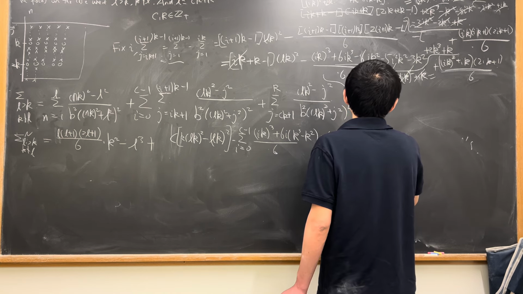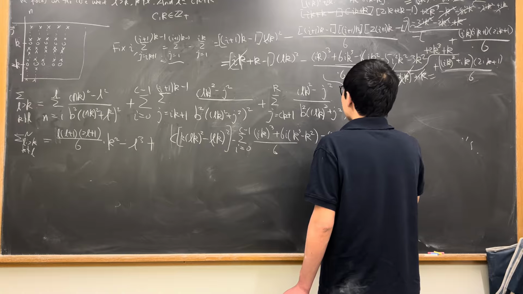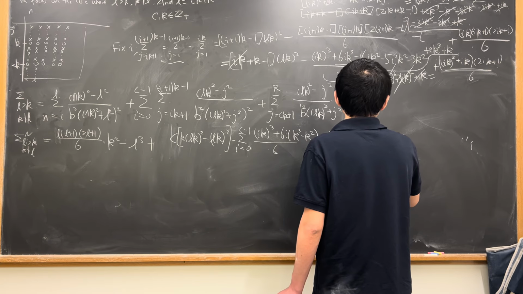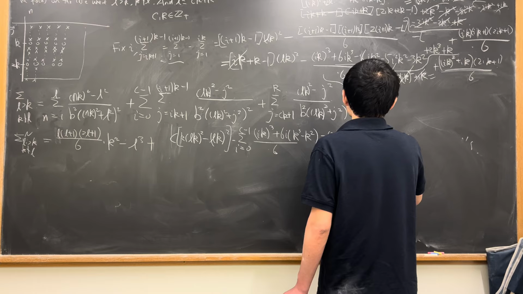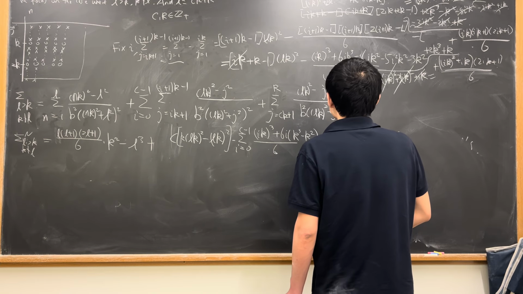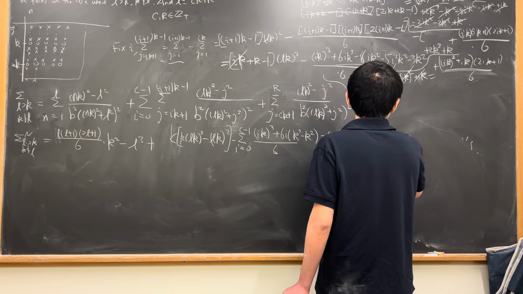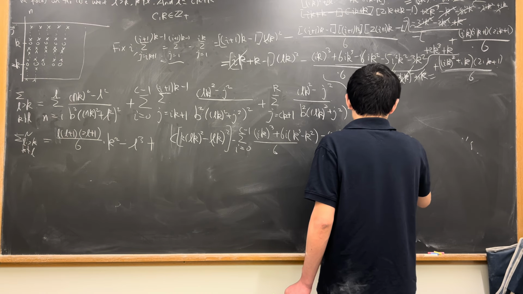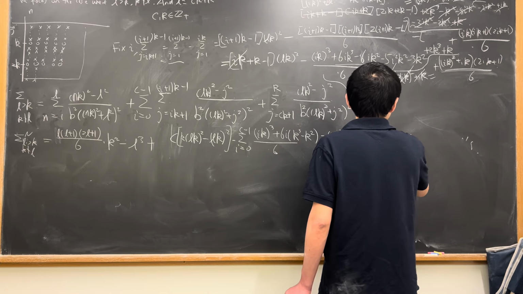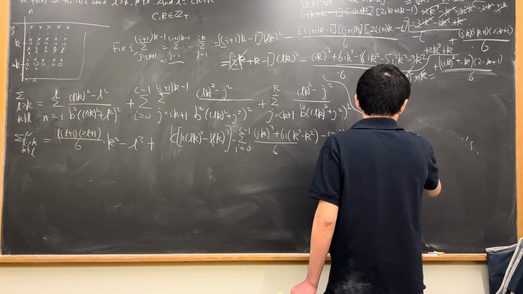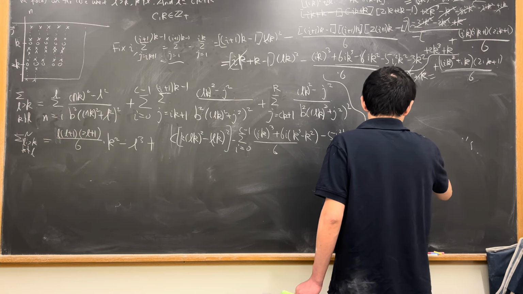Let me pull this out. So minus, let's say, c times negative 3k squared plus 2k cubed plus k.